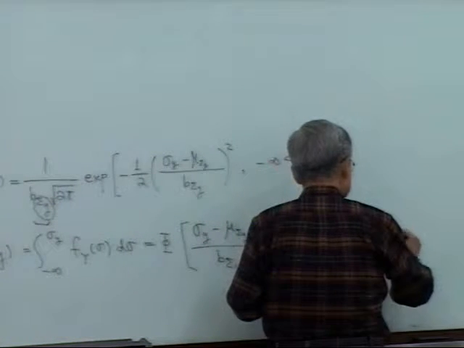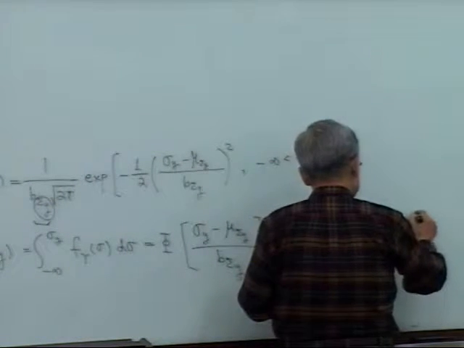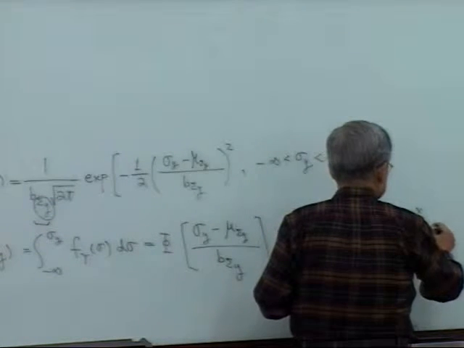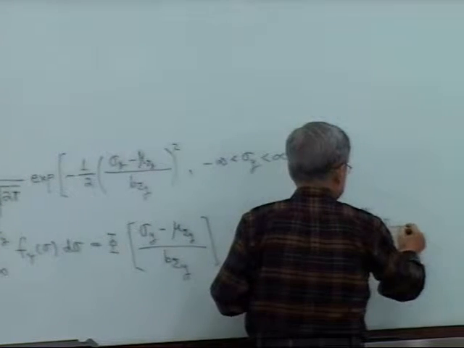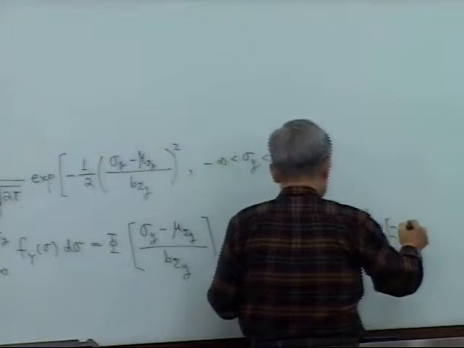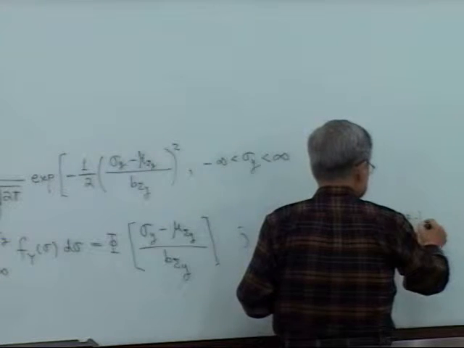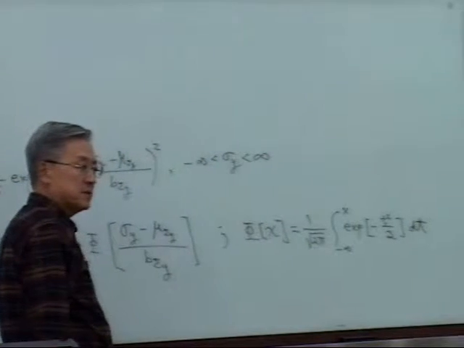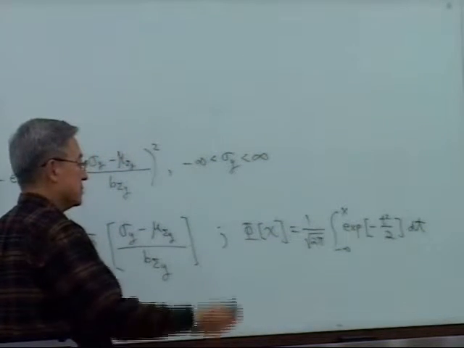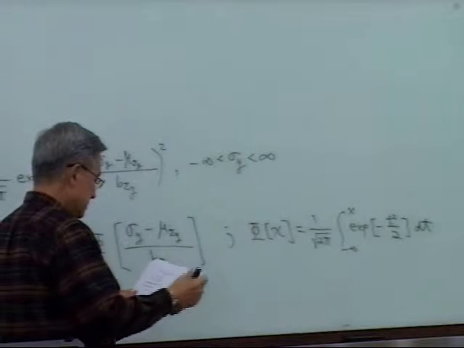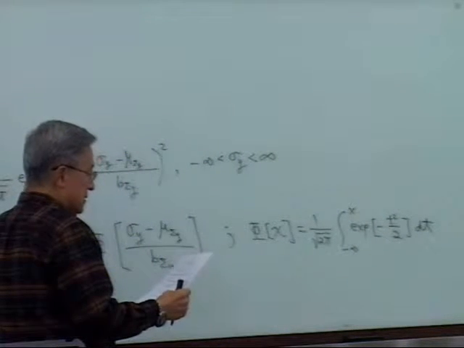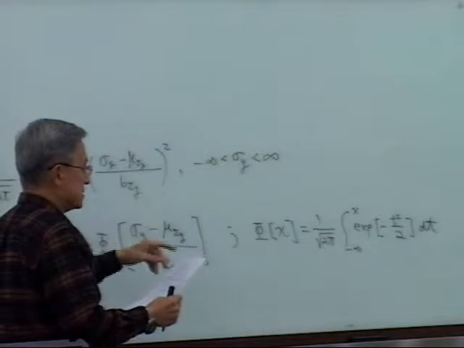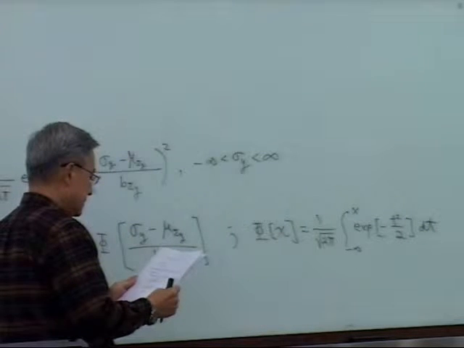So this is square root of 2 pi, minus infinity to x, exp minus half. This doesn't make any difference because it's the integration parameter. All this is in the table, or you can look at any program nowadays, it just has a value.